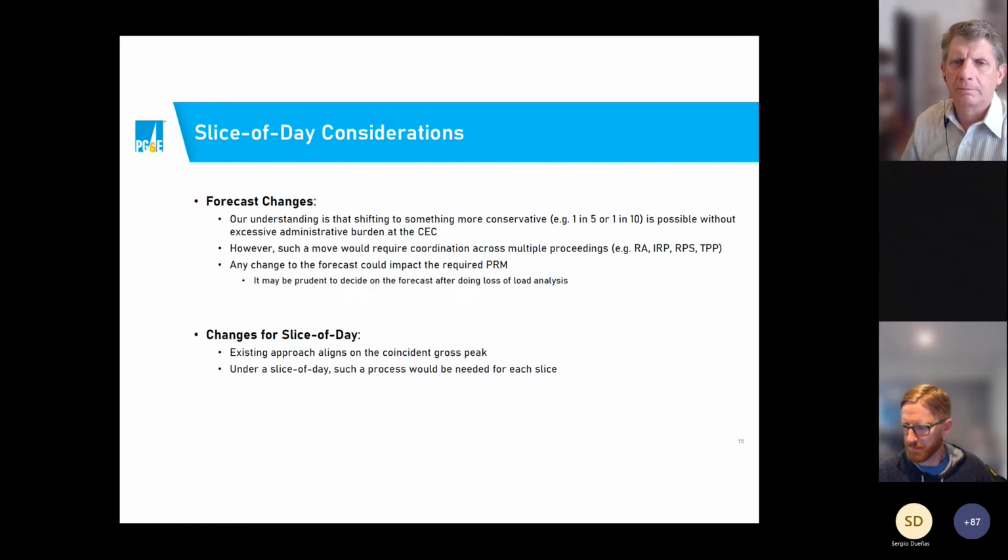And so there might be justifications for slightly higher or lower, depending on how outages are accounted for. You might want to vary it there. I don't think the CAISO would support varying the PRM on a slice basis, but there might be justification across months or seasons that might balance the reliability and the transactability issue that you brought up.